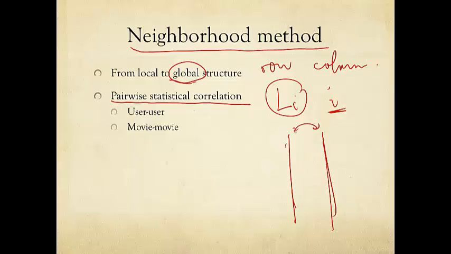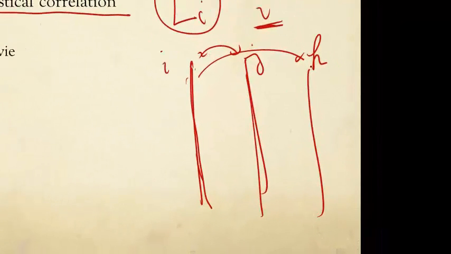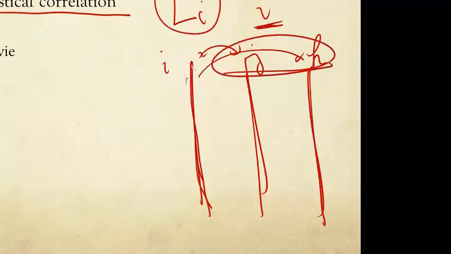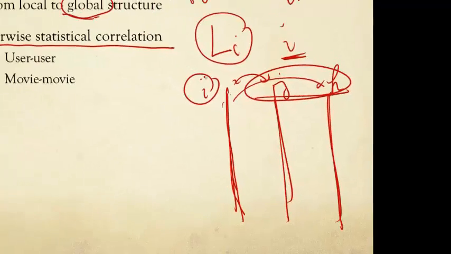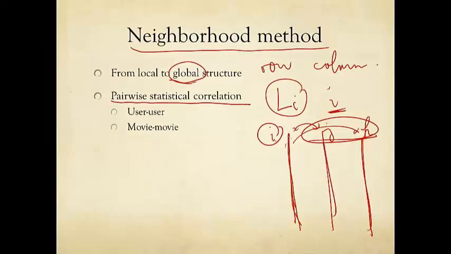And then we look at another pair of movies, still movie i, but instead of comparing with movie j, we compare with movie k, and look at the ratings between these two columns. And then we're going to pick up all those movies that are very similar or very dissimilar compared to movie i. Both kinds of movies will be very useful.